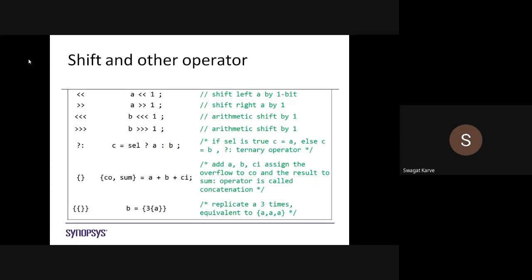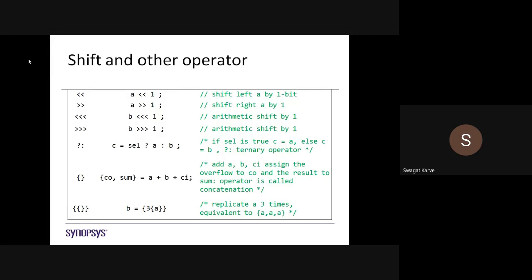In this case, first it will add three variables, a, b and ci. First it adds a to b and then to ci. Then you get the sum and the carry, or in other words the overflow. It assigns that overflow to co and the result to sum.